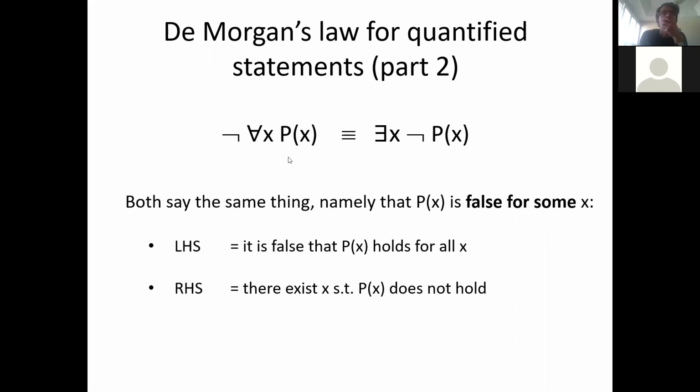So both say the same thing. This one says it's not true that P holds for all x's. It's not true that predicate P holds everywhere. In other words, there is some counterexample: there exists an x for which this predicate does not hold.